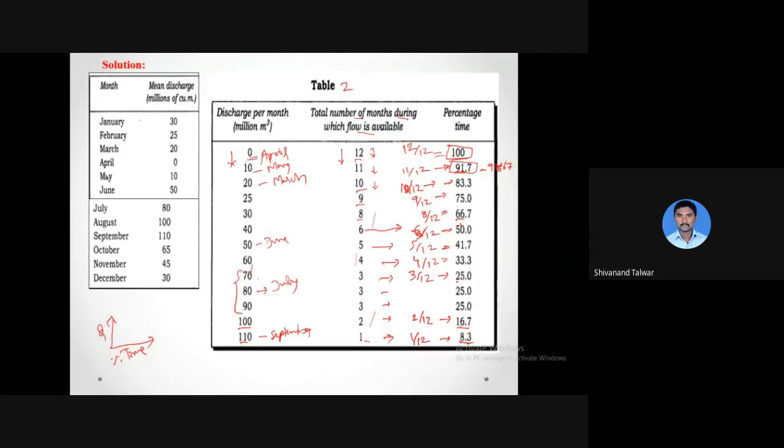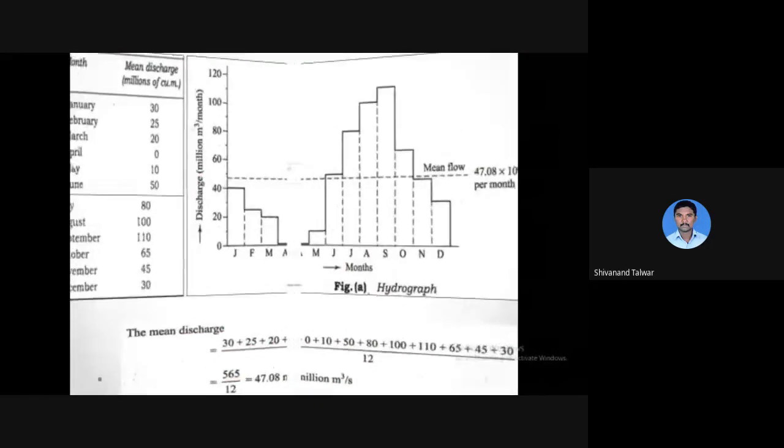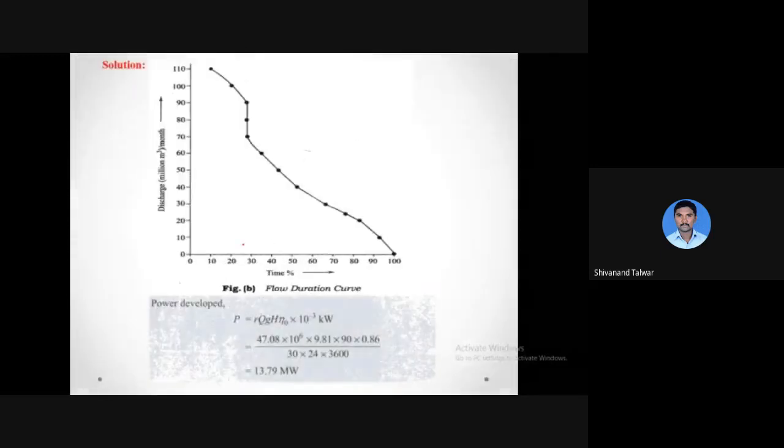So their value, percentage time is 25. You can see here for 25, we'll be getting 3 readings, 25%. Okay, that is 70, 80, and 90.